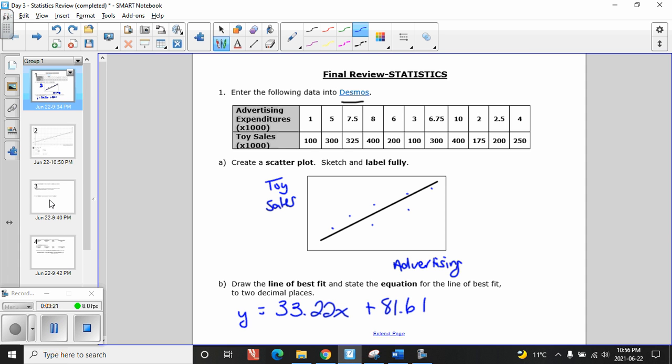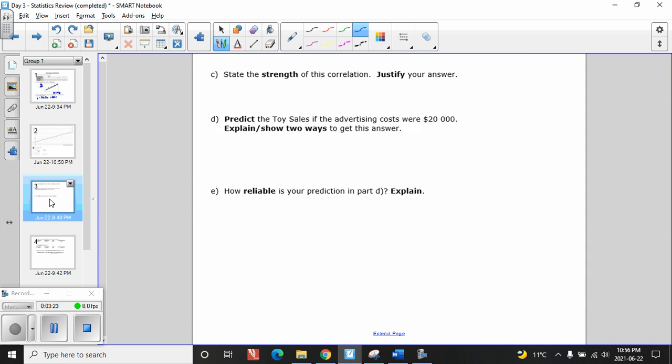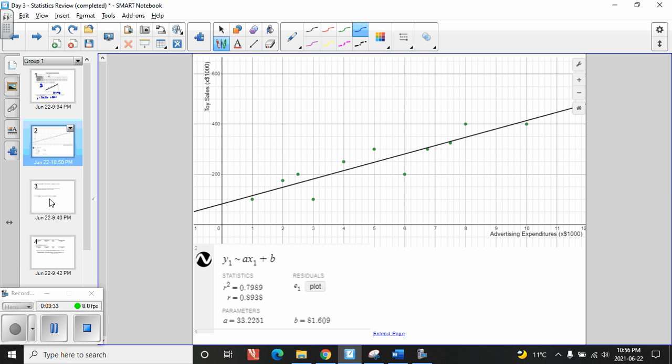Okay, next question. Still connected to the same scenario. It says state the strength of this correlation. Justify your answer. So if we look at our graph one more time and try to focus on the correlation, do we think there's a strong connection between toy sales and advertising expenditures, or is it a little bit less of a strong connection?